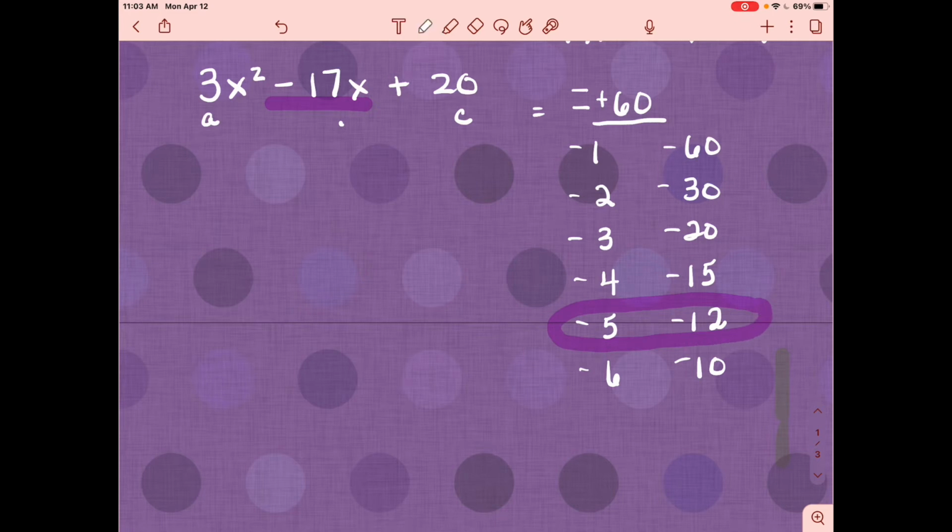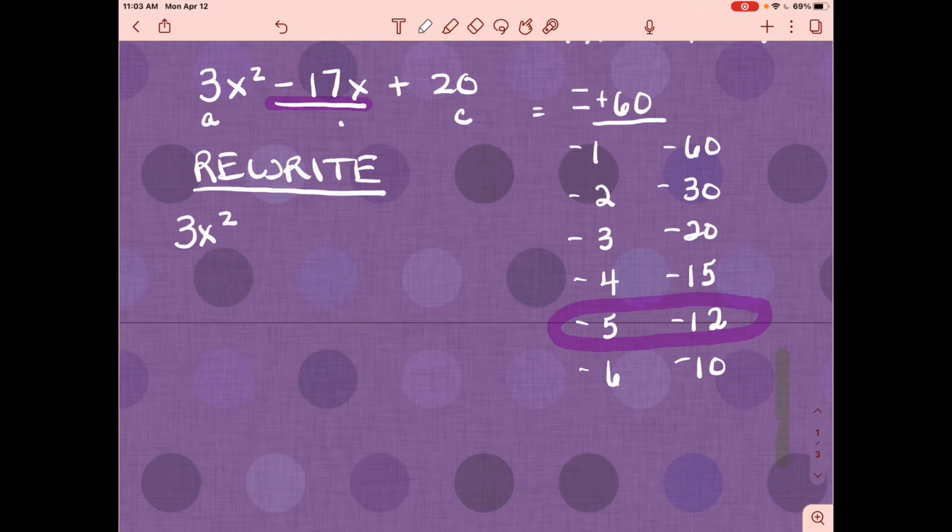All right, remember at this point I need to rewrite. Don't get confused and think we're done factoring. I need to rewrite the equation. 3x squared, I'm just going to change up this guy to be minus 5x minus 12x plus 20.